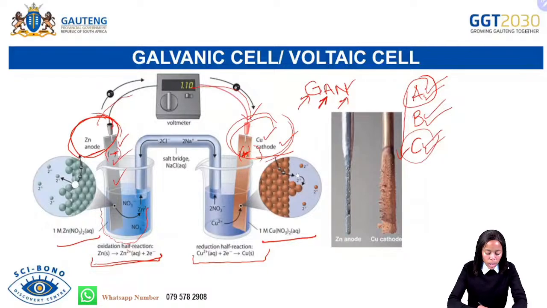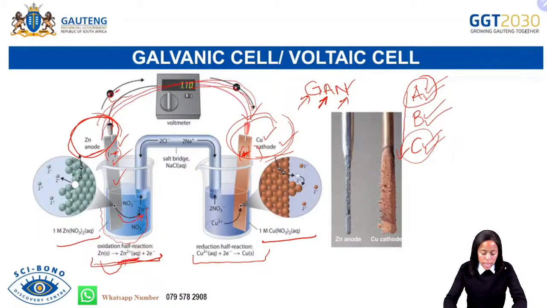Okay. Then we are saying again that as oxidation is taking place, we have Zn solid, which is represented by the electrode, moving into Zn2+ aqueous. As that is happening, there will be a movement of electrons.